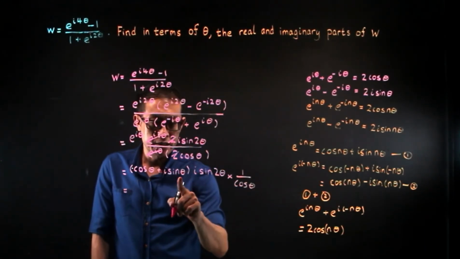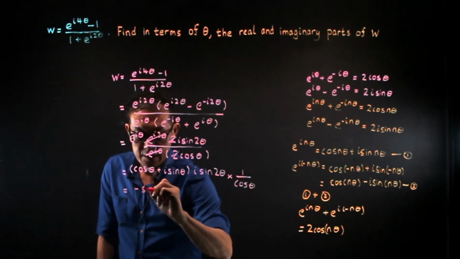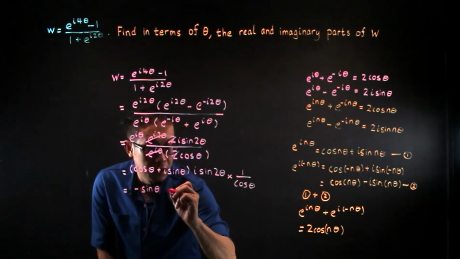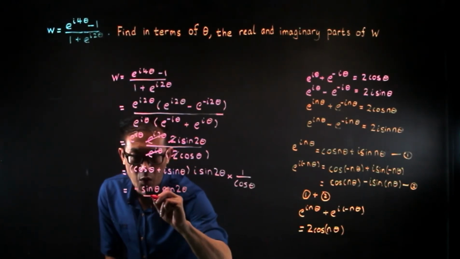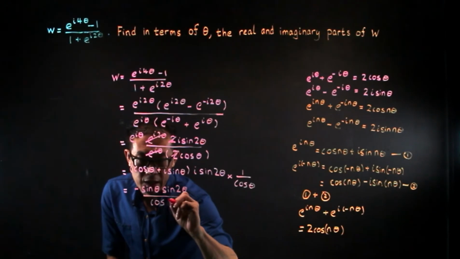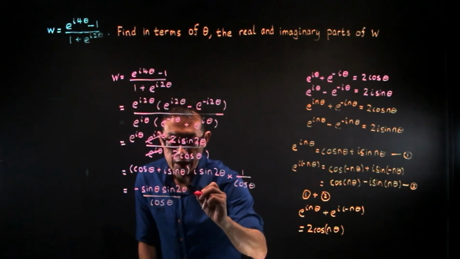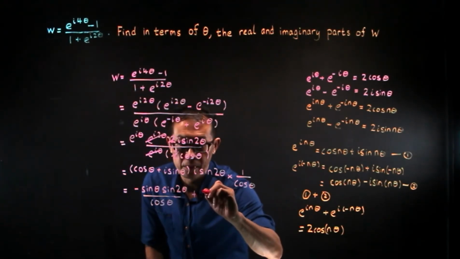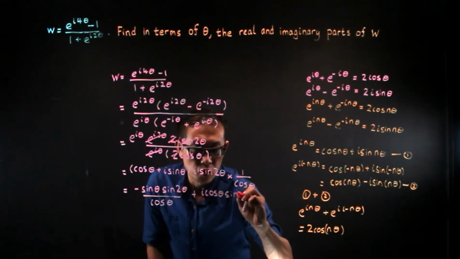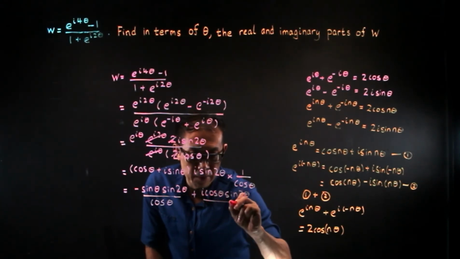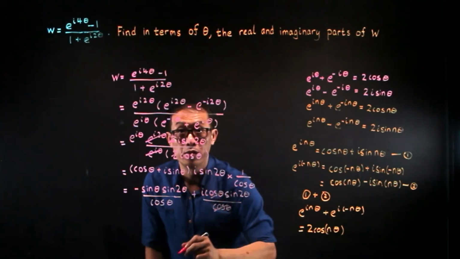So this multiplied by this, i times i, you get minus 1. So you have minus sin θ sin 2θ over cos θ. And this multiplied by this, you get plus i cos θ sin 2θ divided by cos θ. This one I can cancel out.